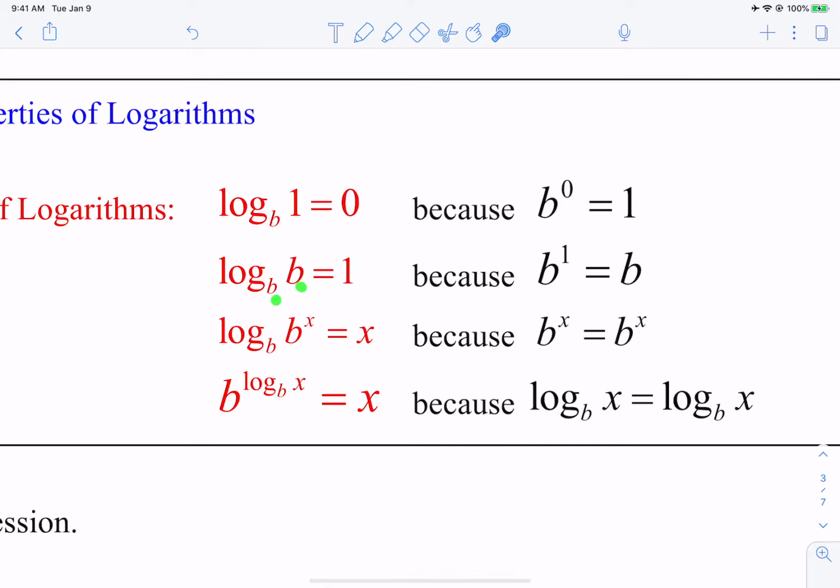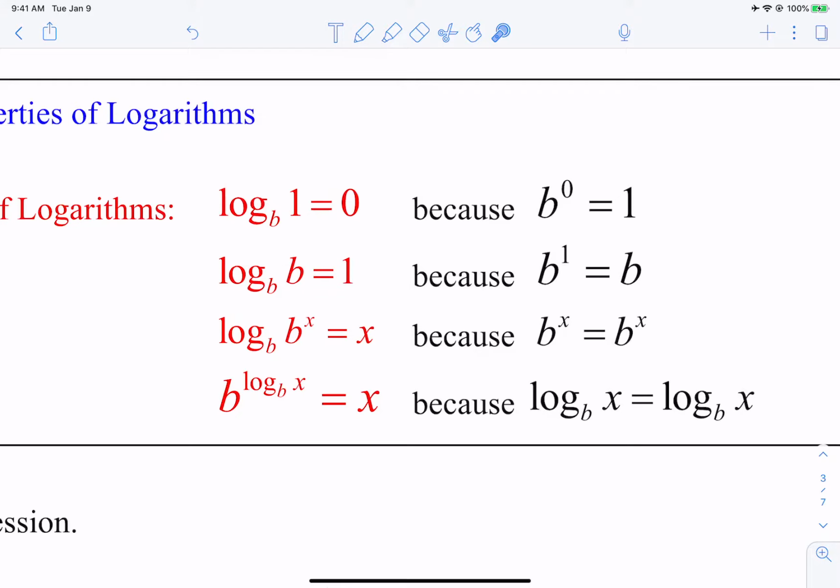Here you'll notice if the b's match, what power on a b keeps it a b? That's a power of 1, because b to the first is equal to b. What power on a b gives us b to the x? That would be x, because b to the x equals b to the x.